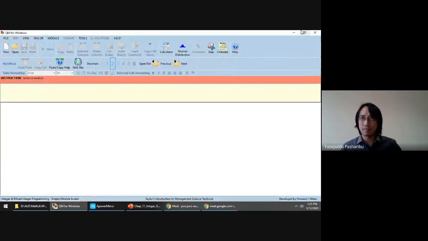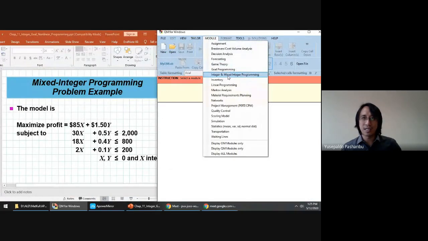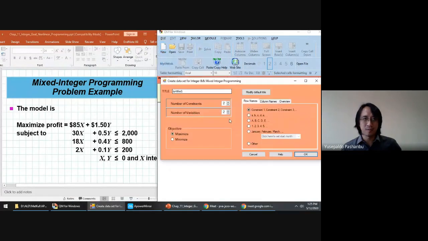Open your QM. First thing to do is choose the module integer and new. The case is mixed integer.